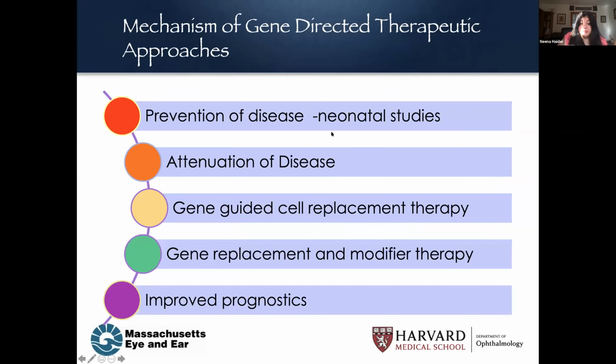In our lab, we study prevention of disease, attenuation, guided gene cell replacement therapeutics, and the modifier therapeutics, all towards the goal of exploring and developing the best, most efficient therapeutics.